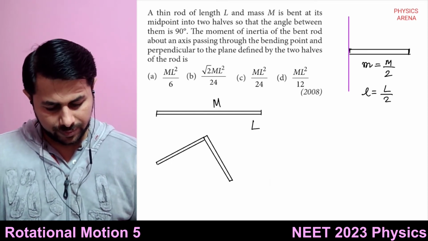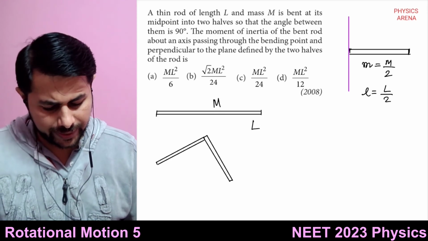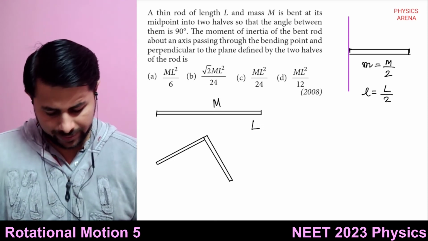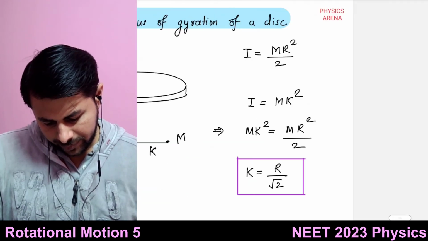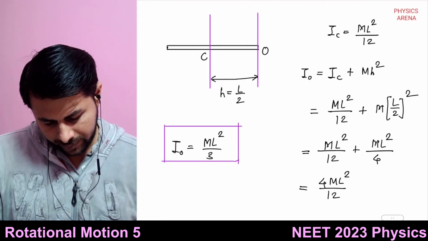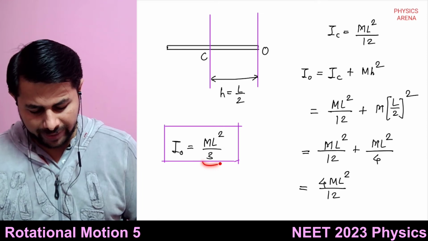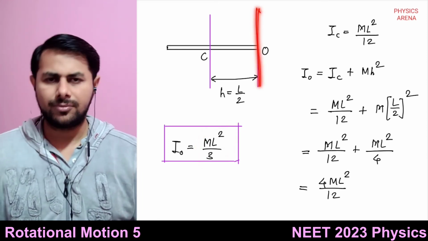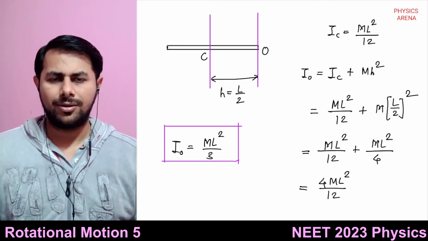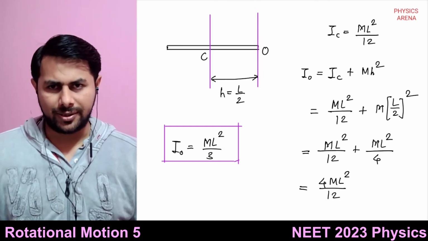Did we solve this for a rod? Yes, we solved it. It is ml square by 3 for an axis passing through the end.